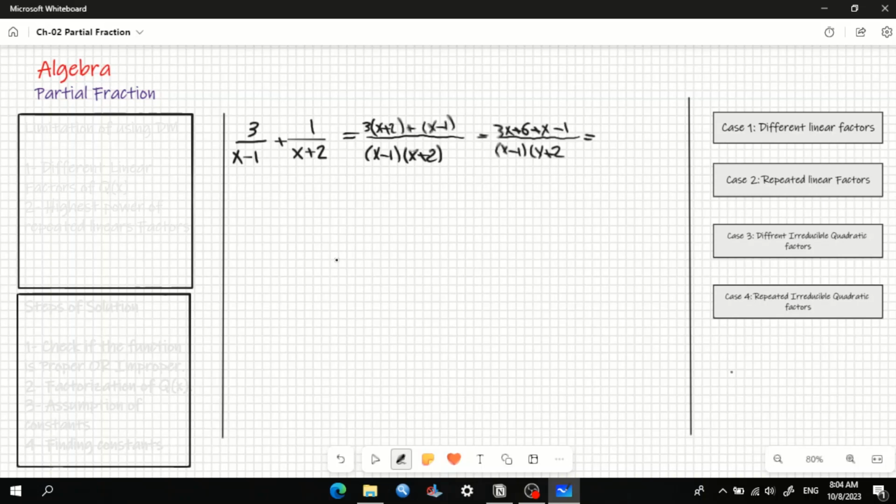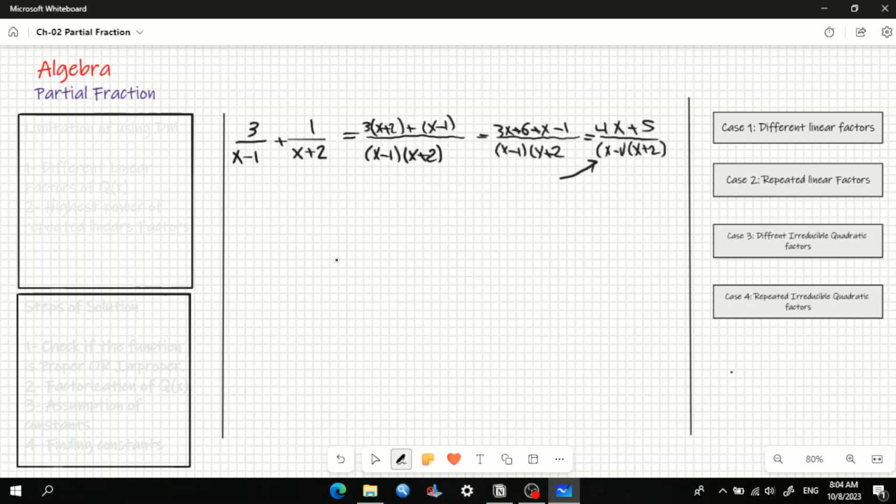That will be 4x plus 5 by x minus 1 times x plus 2. Here we obtain this single fraction.